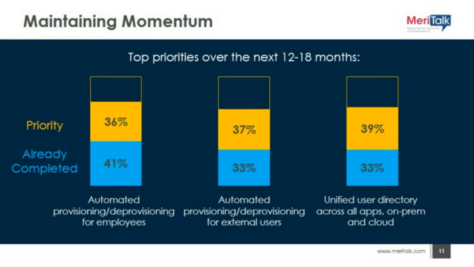Sure. So I think the column on the far right that talks about that unified user directory across all applications. Really what we mean by this is if you potentially have an on-premises directory or you're using other systems as your records or your sources of truth for user information, and then also have all those different applications, very likely both cloud and on-premises, since that's, I think, the reality for most organizations today.